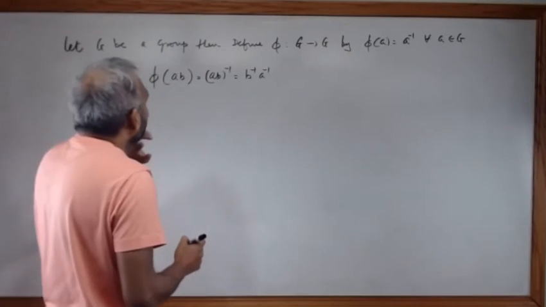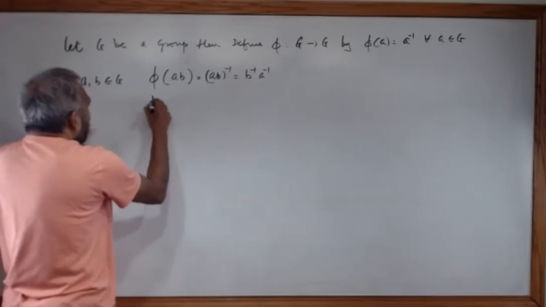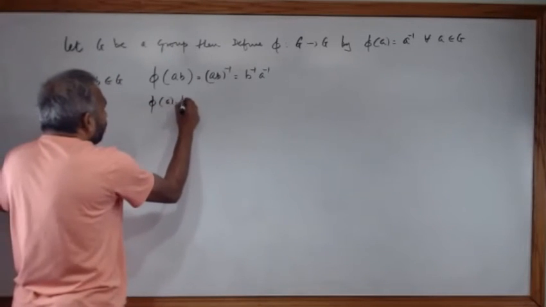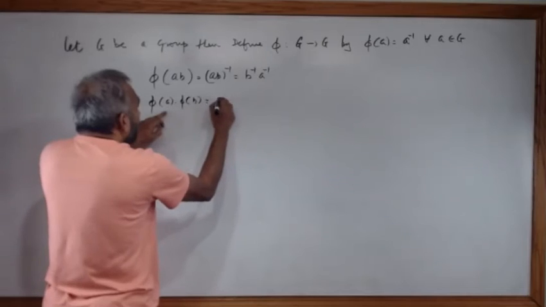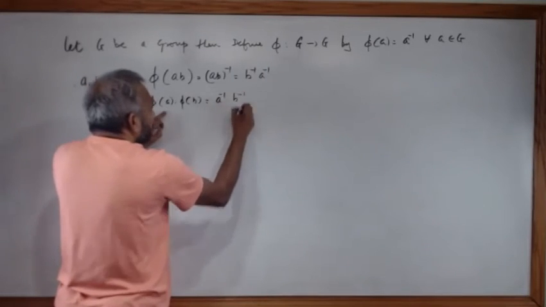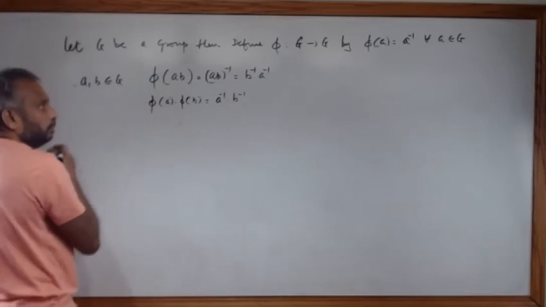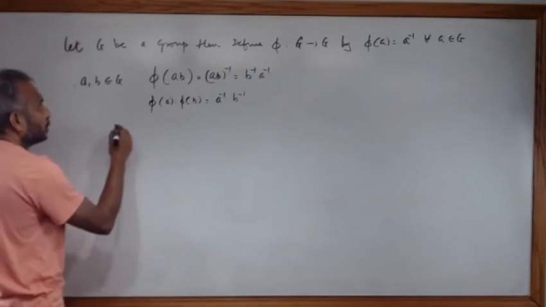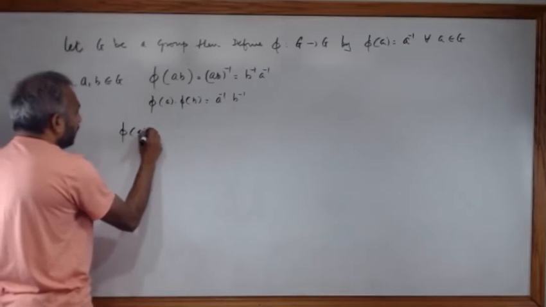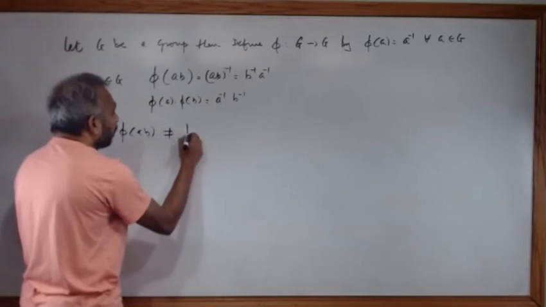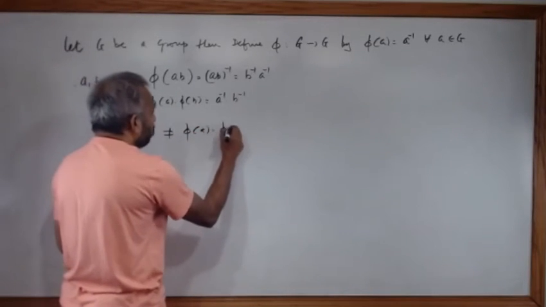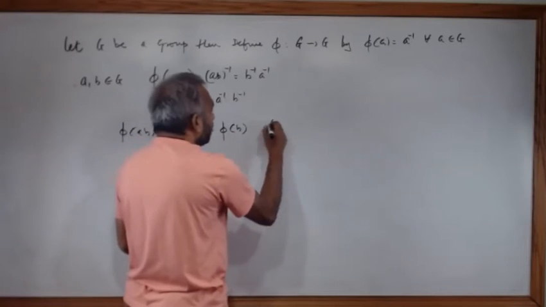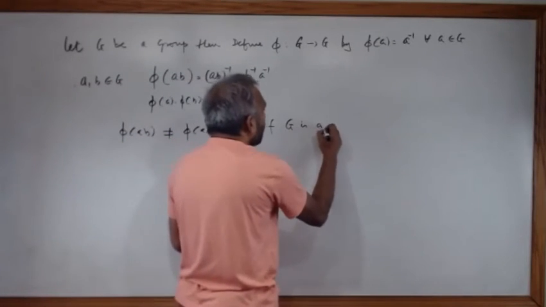And phi of A times phi of B is equal to A inverse times B inverse. They are not same unless G is an abelian group. So phi of AB is not equal to phi of A times phi of B if G is a non-abelian group.